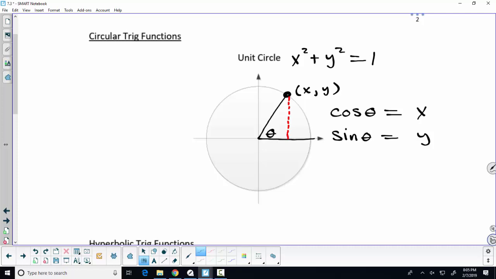So then the Pythagorean identity, sine squared plus cosine squared, on the unit circle makes total sense, because cosine is x, sine is y. Cosine squared plus sine squared is equal to 1. That's where that comes from.